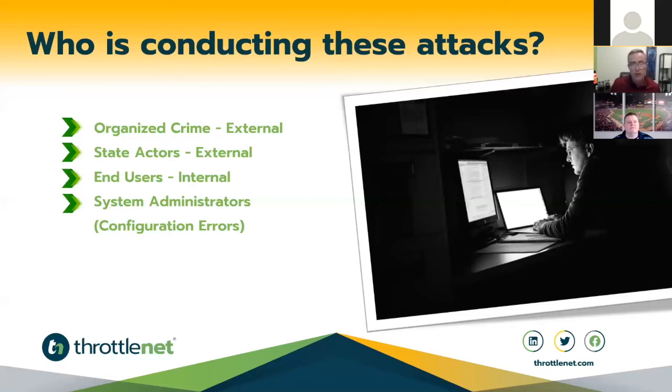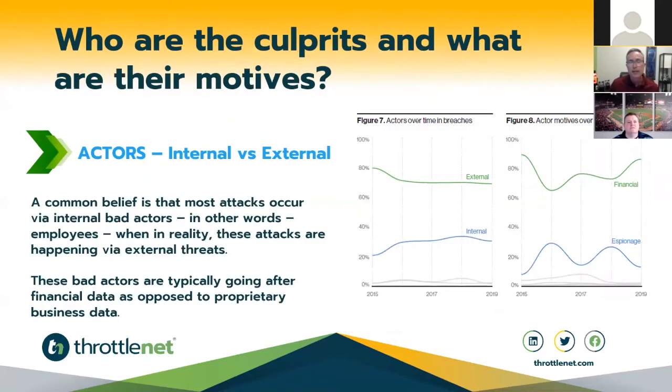Now that we've covered who the culprits are and who's conducting them, internal versus external, 80% on average, give or take, depending on what time frame we're talking about here, are conducted externally. These are individuals outside of the organization that are working to penetrate the network, either through open ports or any of the methods that we're going to talk about here in a moment.